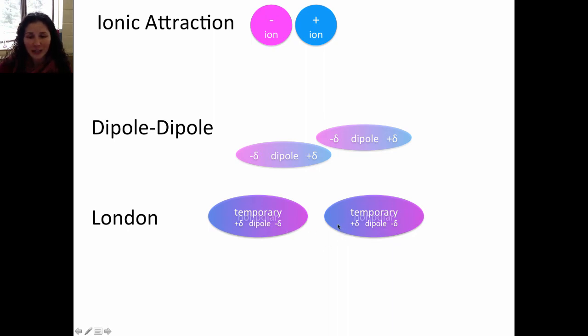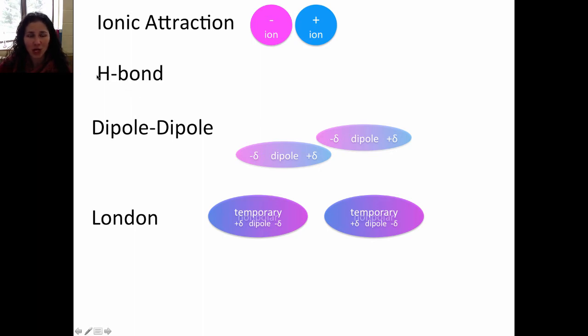This is a very weak interaction, and it's much weaker than the dipole-dipole and much, much weaker than the ionic attraction. London forces are the only types of forces that exist in nonpolar molecules, and they're very weak.